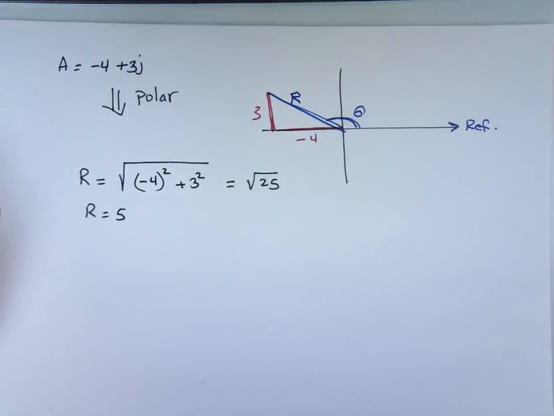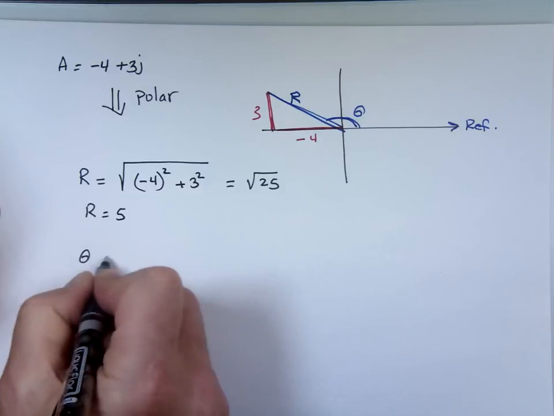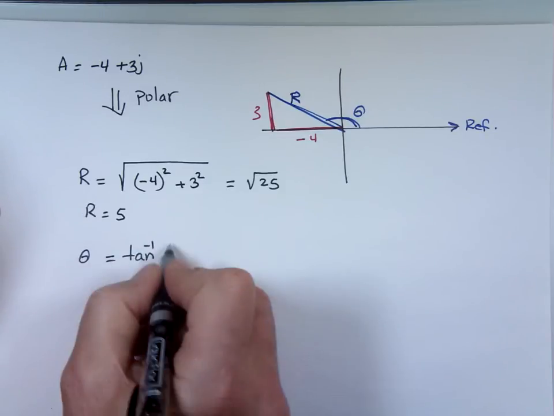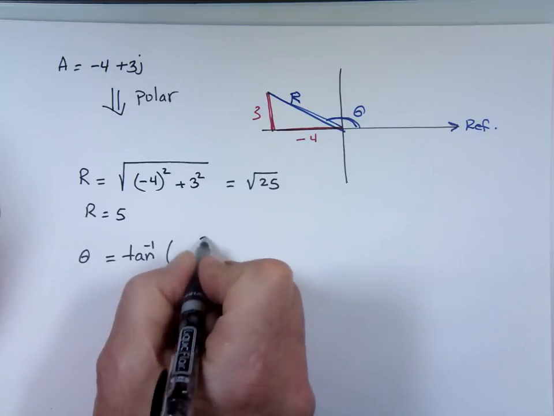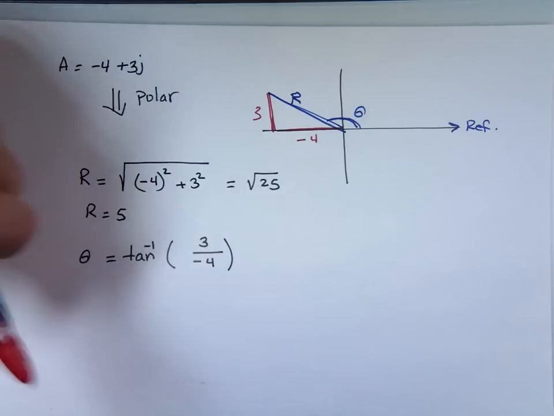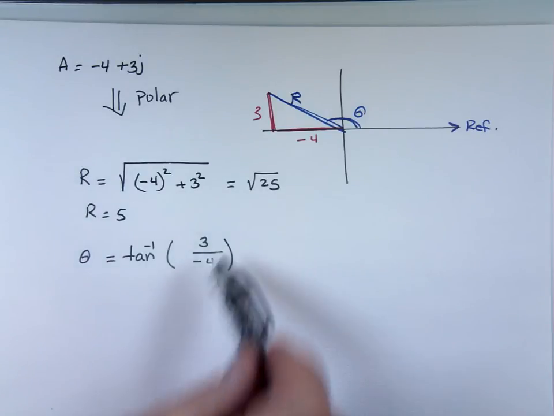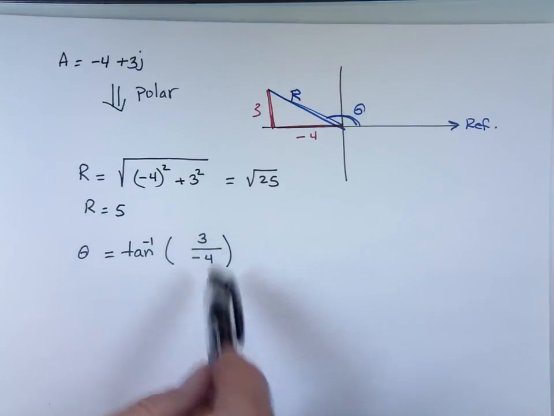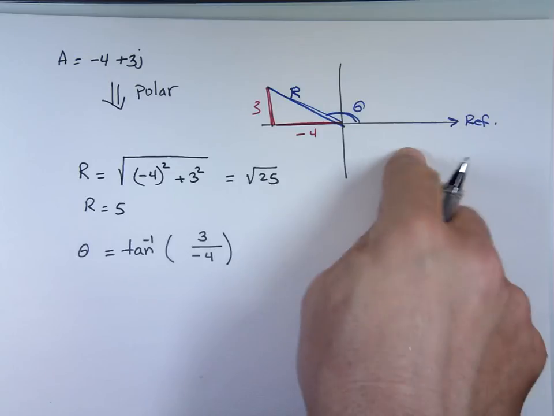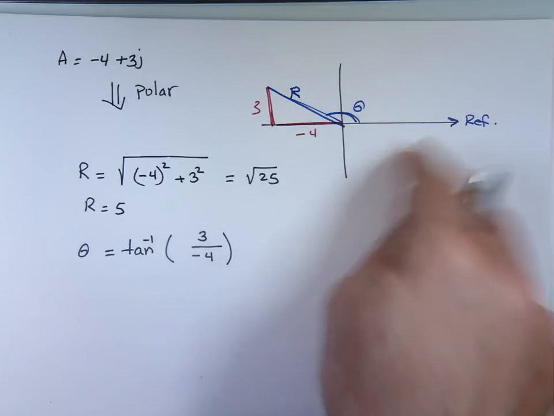And to get theta, it's the inverse tangent of the imaginary, which is 3, over the real, which is negative 4. Here's what's going to happen. The calculator is going to divide these two numbers. It's going to be a negative number, but it doesn't know where the negative is coming from. It thinks it's coming from this quadrant, and will give you an angle in that quadrant. We know that's wrong.